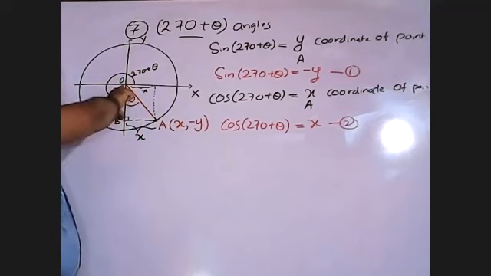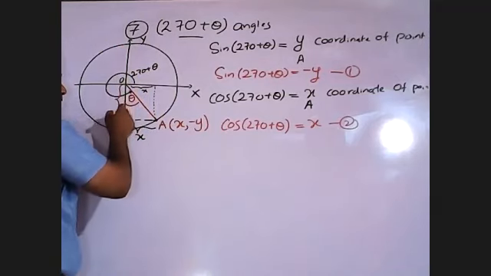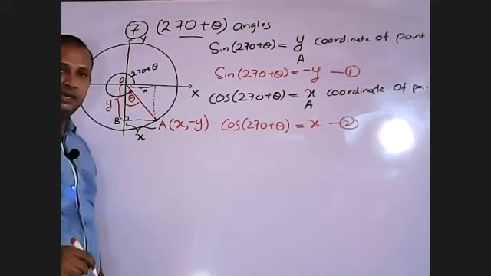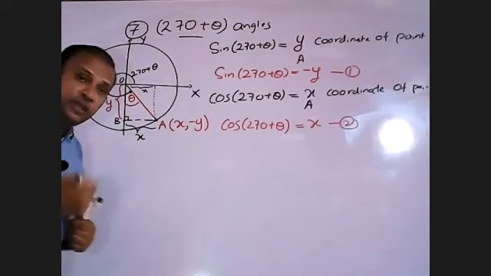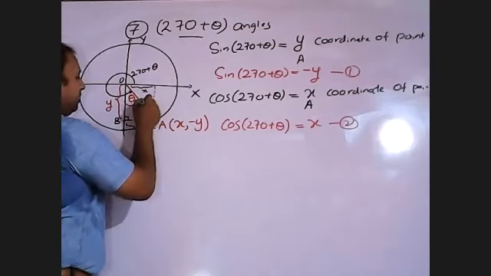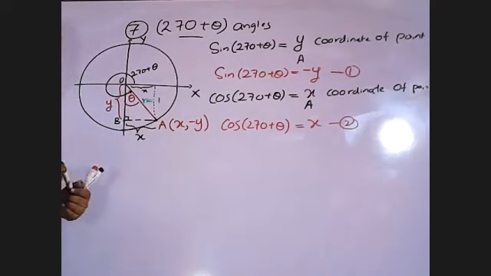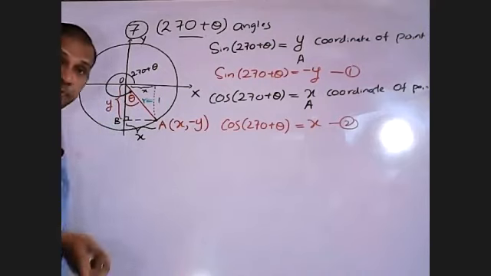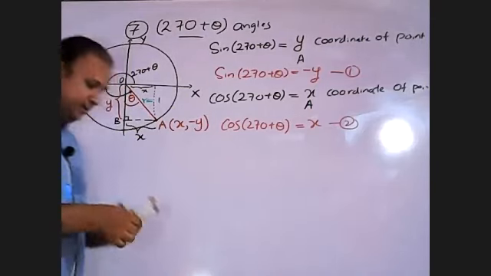Therefore, this length should be equal to y. And as this is a unit circle, the radius is equal to 1. Now you can use the OAB right angle triangle and determine the trigonometric ratios of theta.